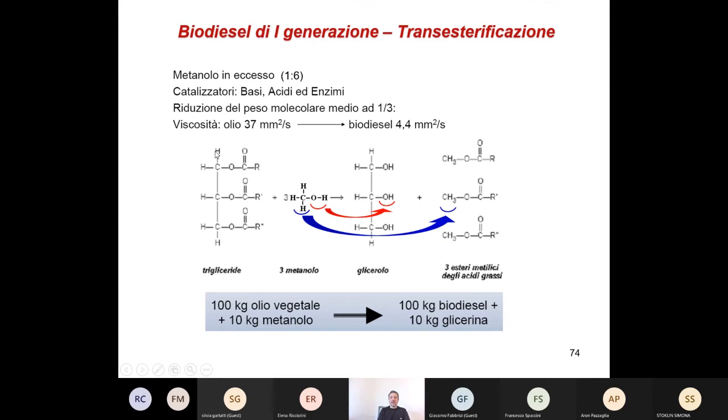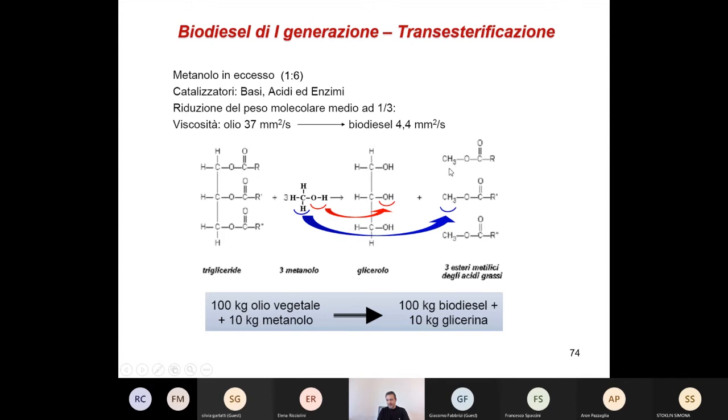This is the chemical formula of methanol, and you can also see how the several parts of the molecule move to the final products. You obtain free molecules of biodiesel. This is biodiesel, this is another molecule of biodiesel, and this is another one.